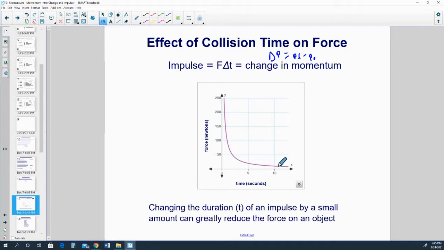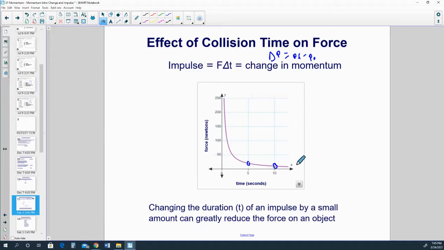Let's say you spend 10 seconds applying that force right there. The force over here is much lower compared to hardly any time spent applying the force. It is much higher up here, 250 newtons versus a much smaller number here. If you take half the time to apply a force, let's say 5 seconds, that's much lower still than if you apply hardly any time. So there is a dramatic decrease in force if you extend the time in which it is applied.